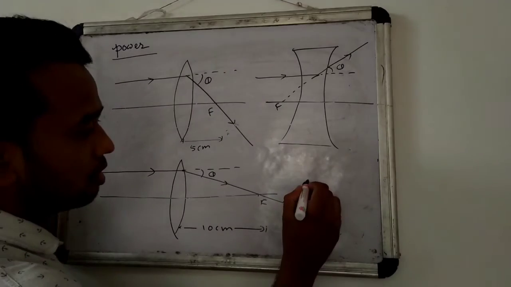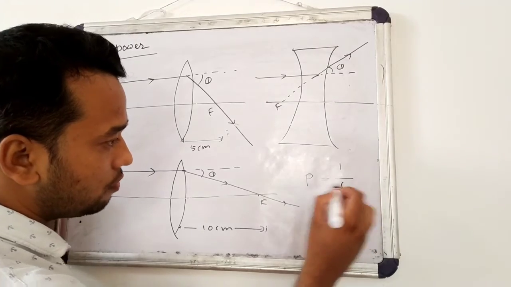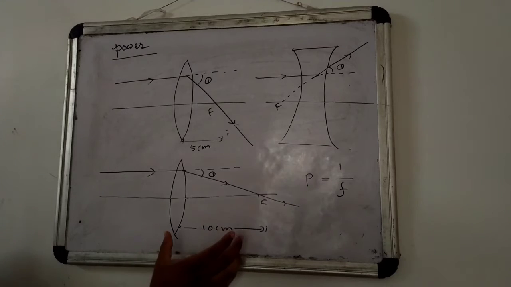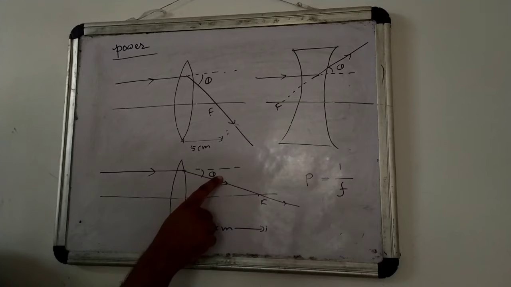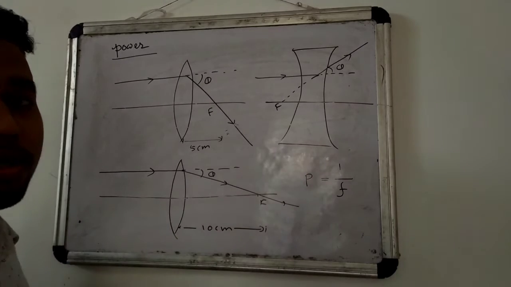That is why it is defined that the power of a lens is the reciprocal of focal length. If focal length increases, this angle decreases. That means the ability of the lens to converge a ray will decrease, and that's why power will decrease.